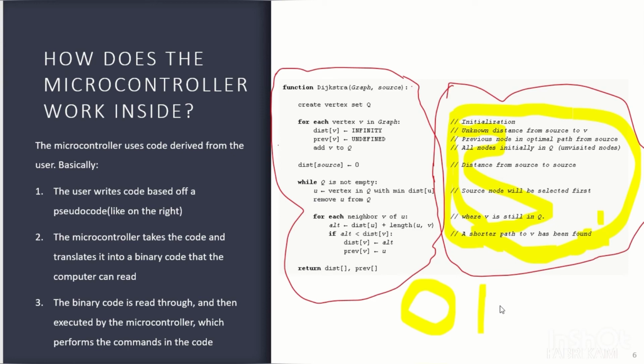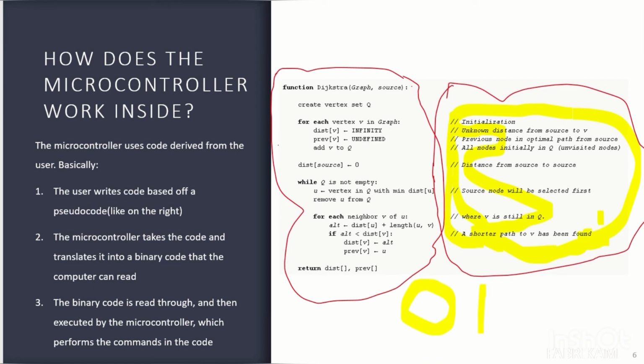For example, if you only talk one language, like English, you might not be able to talk Mandarin or any other language. So same thing here, the computer can only read binary code. So the microcontroller takes it and translates it into binary code, and then the binary code is read through and executed by the microcontroller, which performs the command in the control code.